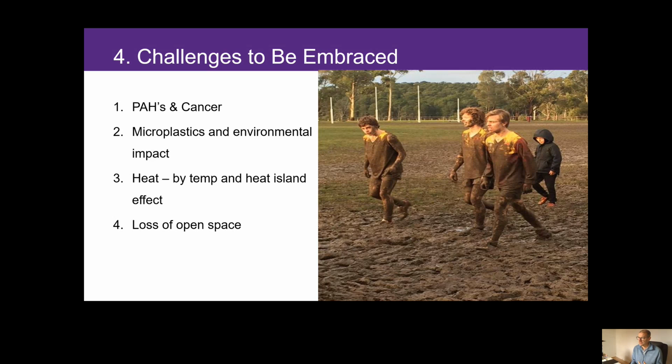So by having synthetic fields, it can actually have more people training and playing on them, which means it rests the natural turf fields and maybe next door. So think of having a synthetic field around lots of natural turf fields, because it rests the natural turf fields so they don't get played on like this.